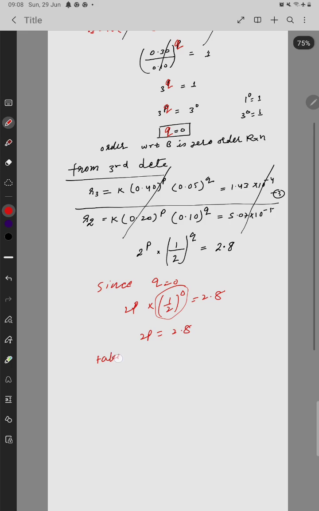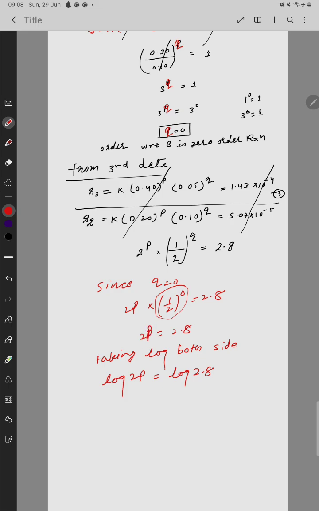Taking log both sides. So what will be there? Log 2 power P is equal to log 2.8. This is 2 power P, you can see.